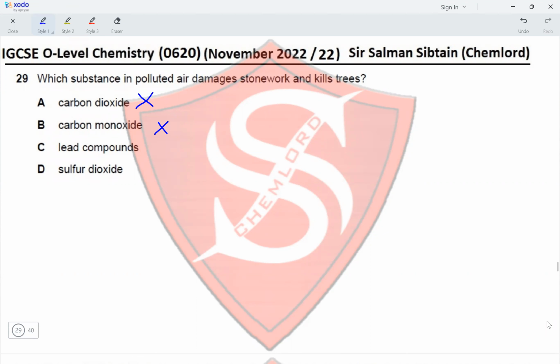Lead compounds do not damage stonework, and sulfur dioxide damages stonework and kills trees because it is acidic in nature, so it burns the trees and it reacts with the calcium carbonate in stonework. Therefore, the correct option for this question is option D.